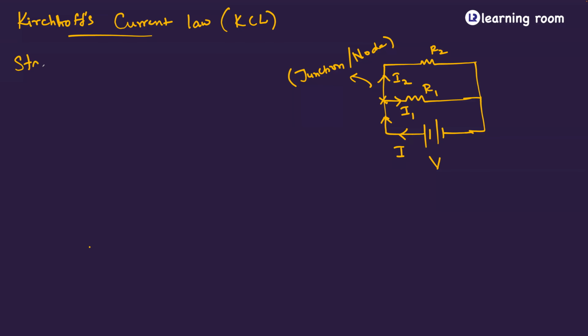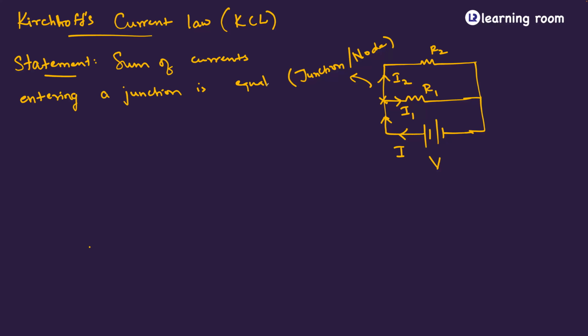The first way of stating it is: the sum of currents entering a junction is equal to the sum of currents leaving the junction. I hope it is clear.